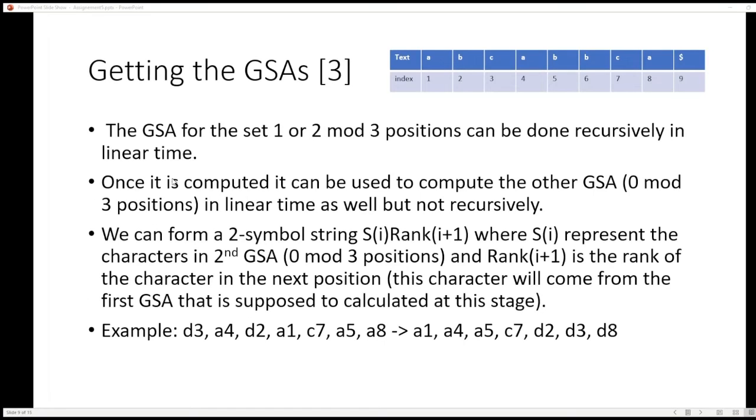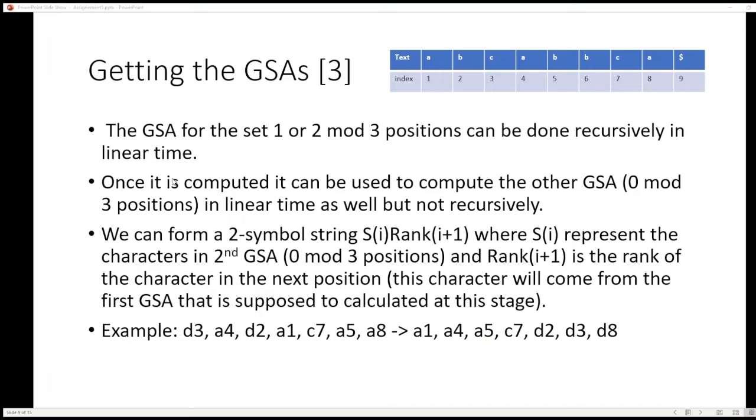So now we will discuss how to get the two GSAs. The first GSA, for the set of 1 or 2 mod 3 positions, can be done recursively in linear time. Once it is computed, it can be used to compute the other GSA, which is the 0 mod 3 positions, in linear time as well, but it is not done recursively.